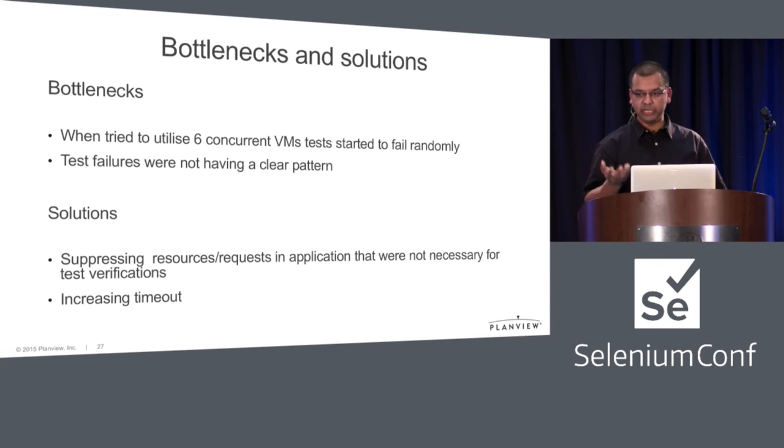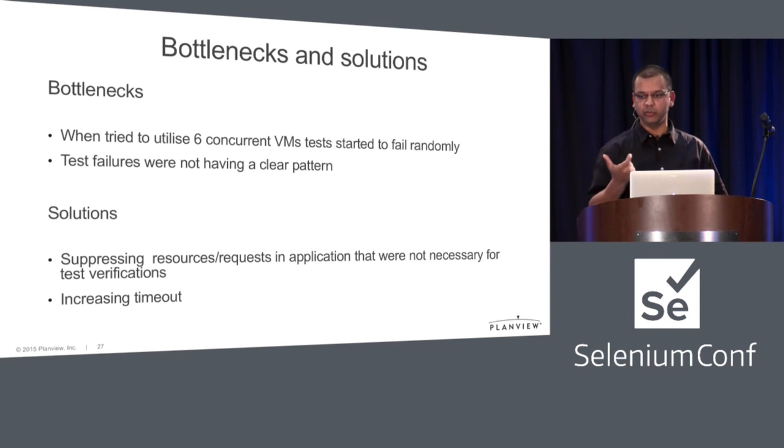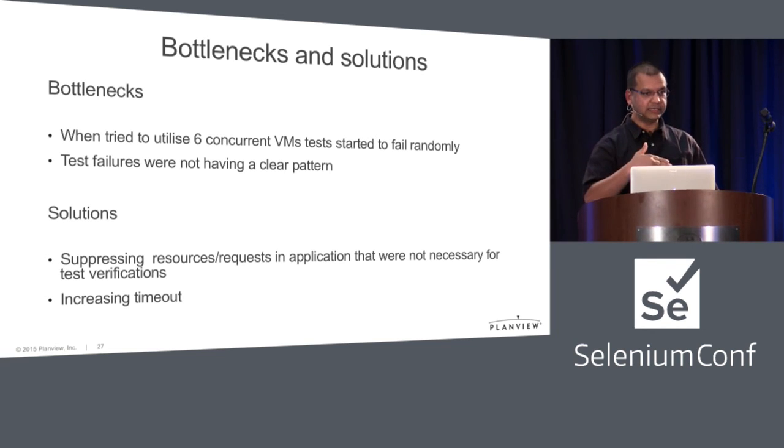So when we tried to utilize all of them, these tests started failing, and they were failing in the get URL step, where we are trying to open our test application. And out of the 20 tests which we have, it wasn't the same test that failed in successive test runs. There was no pattern, it was random.